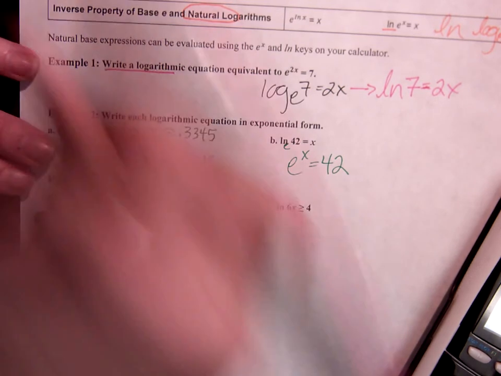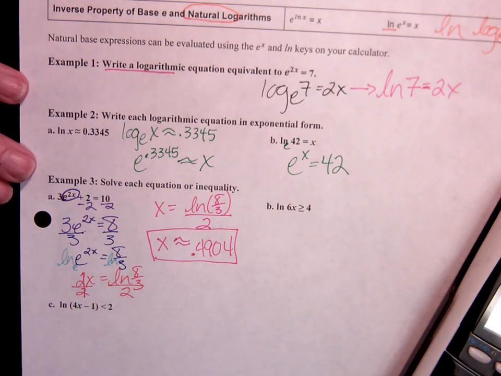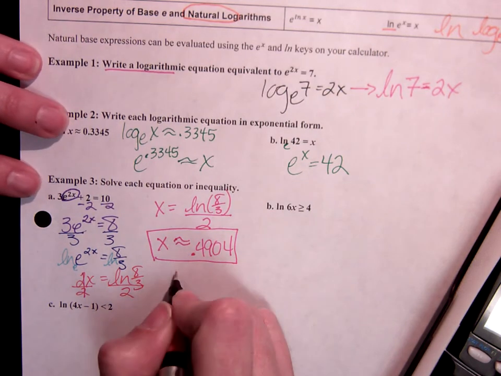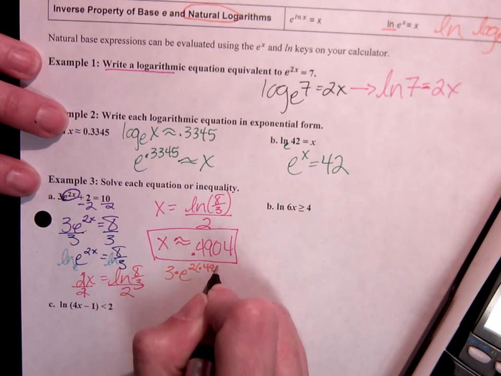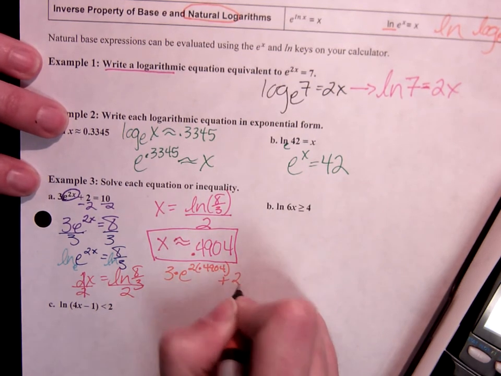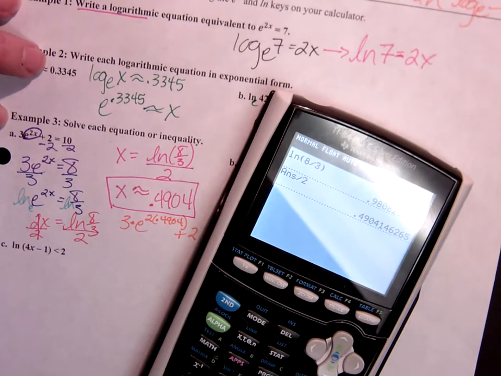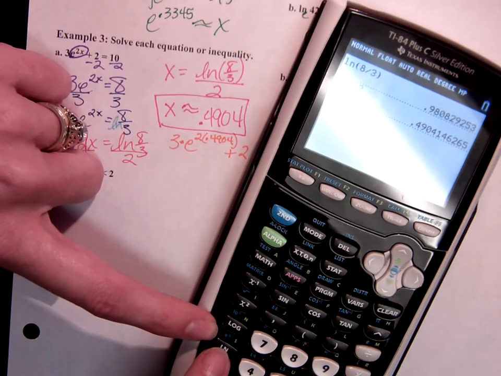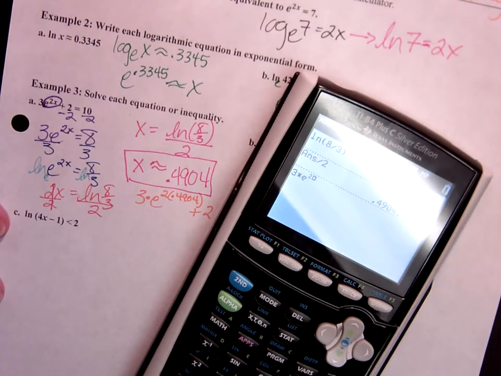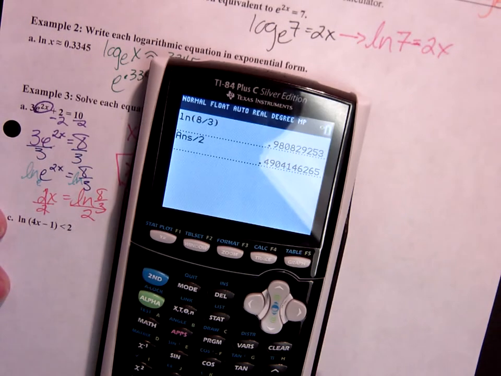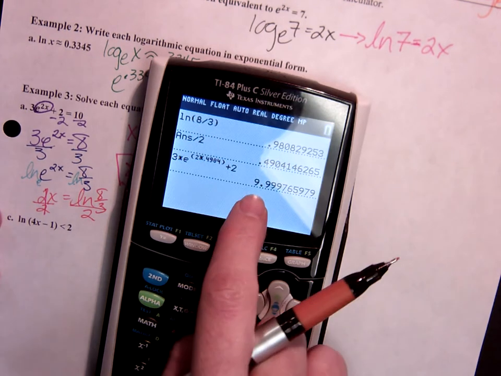Again, if I go back to my original equation, 3 times e to the 2 times 0.4904 plus 2, I want to know if that equals 10. 3 times, there's this e to the button over natural log, 2 times 0.4904, plus 2, and I get 9.99997.